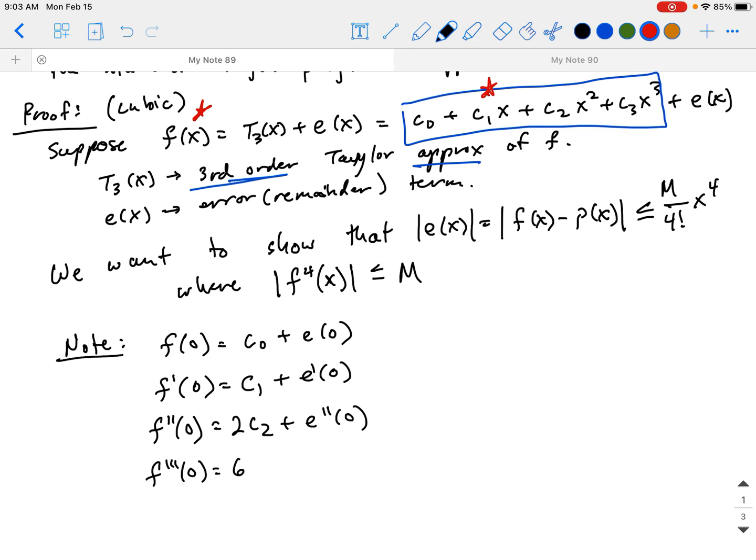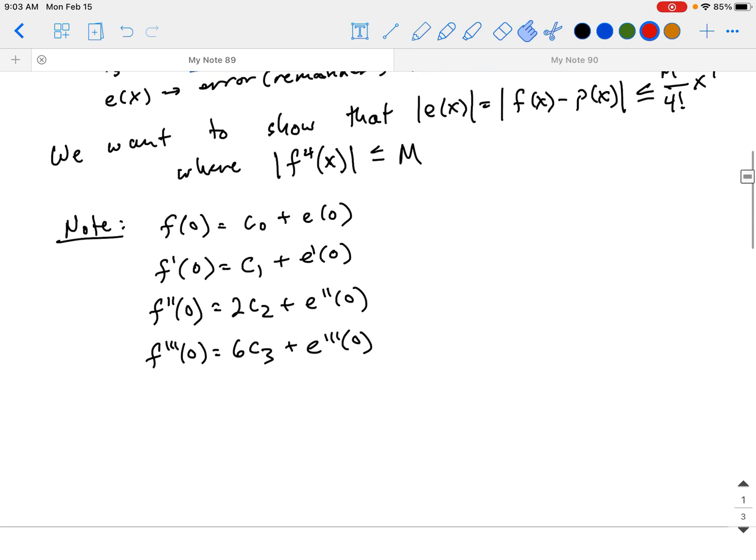Do the third derivative, so we'll get 6C3 plus E triple prime of 0. That's our cubic term, which brings down a 3 and a 2, which gives us 6, or 3 factorial. And then finally, our fourth derivative at 0, well, all of our terms cancel except for that E term.